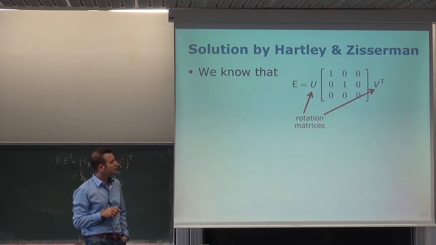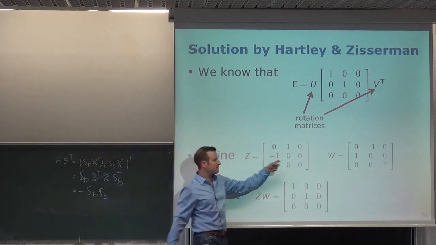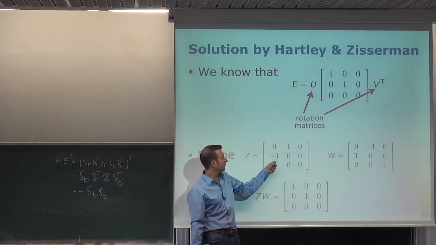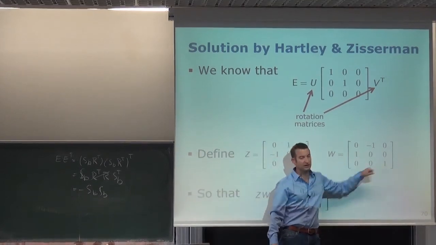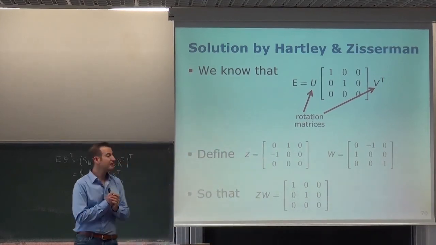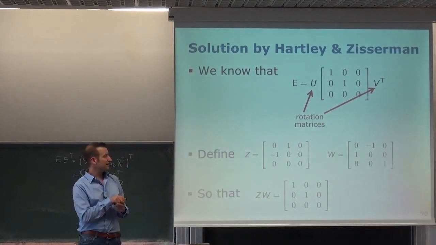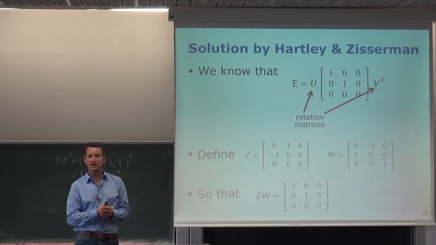Okay, so I have these rotation matrices, but there's something in the middle I can actually do. I simply define a matrix Z and a matrix W, which are of this form. So it's -1, 1, everything else is 0, the same over here, and additionally a 1 down there. If I multiply the matrix Z and the matrix W, I obtain this matrix down here, which is 1, 1, 0 on its main diagonal.